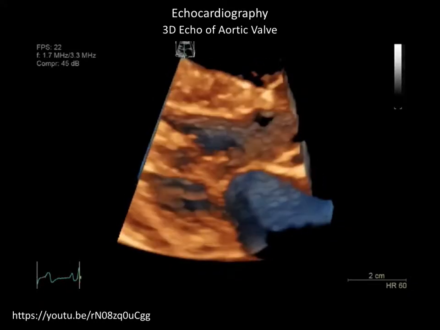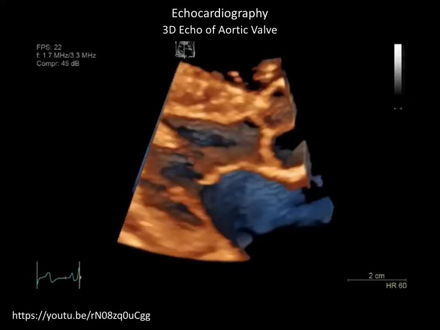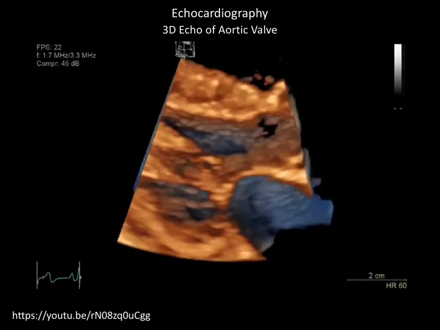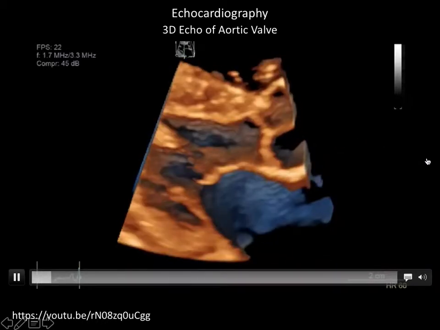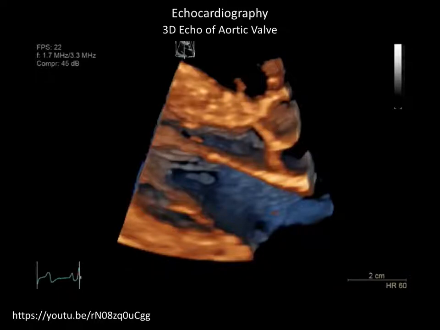So here's an example of three-dimensional echocardiography. And we see both valves in this view. All right, so at this location, this location here is the LV outflow tract, and this is the left atrium, and these are the leaflets of the mitral valve here.